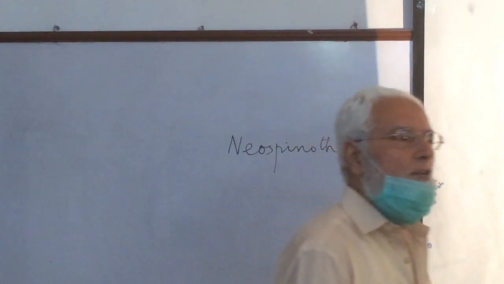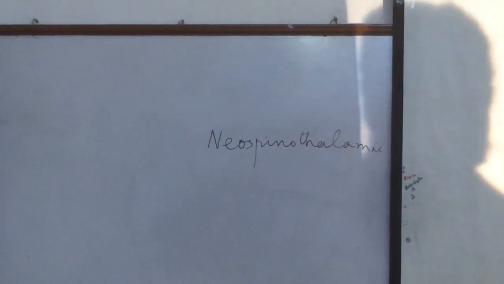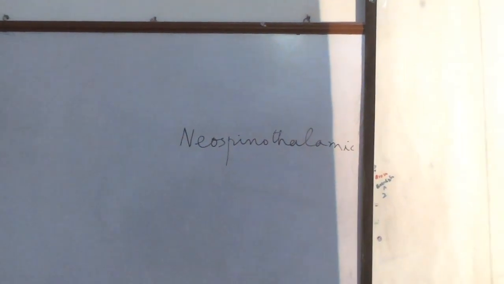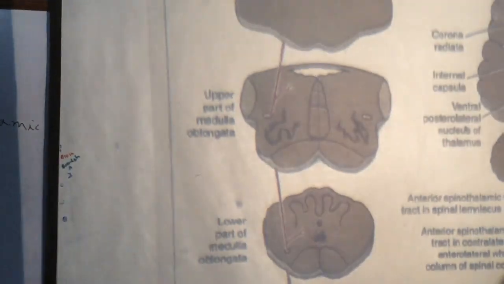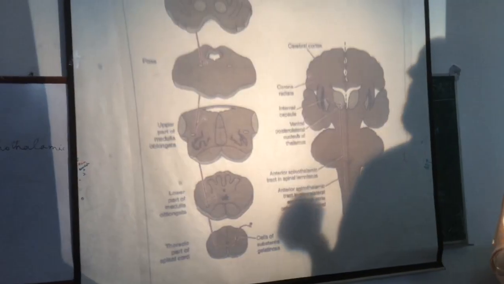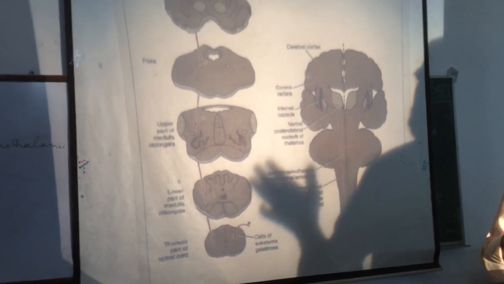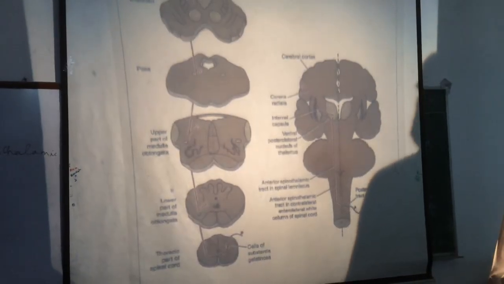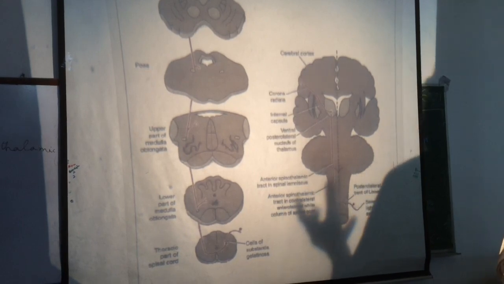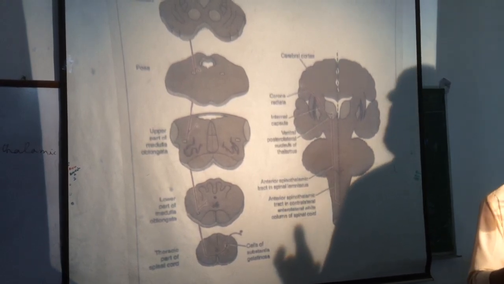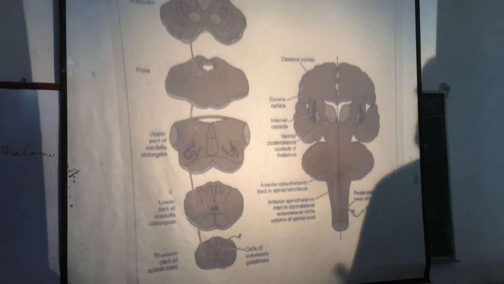Now about the pathway of slow pain impulses. Which nerve fibers carry slow pain impulses from the periphery to spinal cord? C fibers. So C fibers carry slow pain impulses from the periphery to spinal cord.